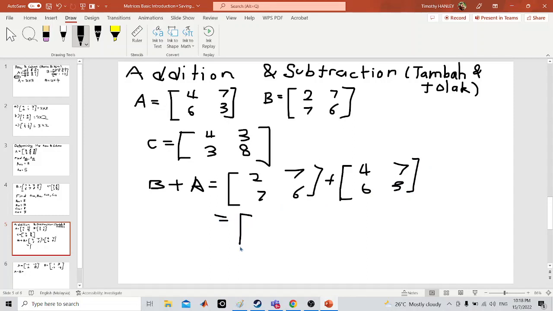So the next step is we add the same row and column digit. So 2 plus 4, 7 plus 7, 7 plus 6, 7 plus 6, and 6 plus 3.